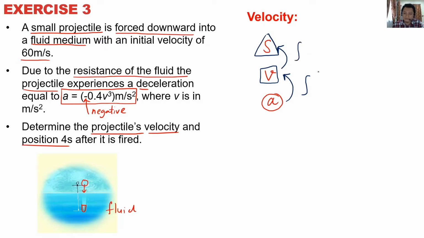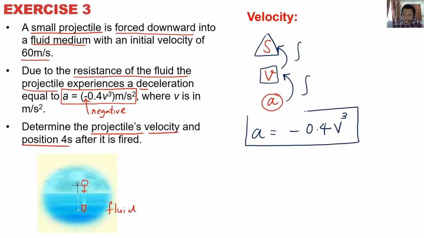Integrate one more time. So A is a function of negative 0.4 v cubed. So this is our mathematical model or mathematical equation. So you need to find out what is the projectile's velocity and position.